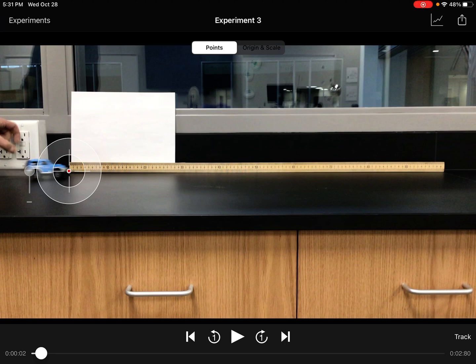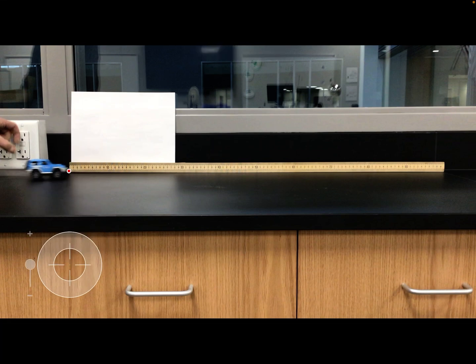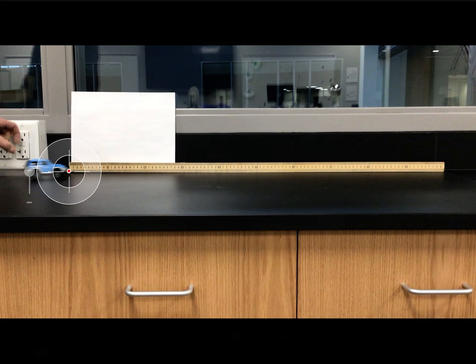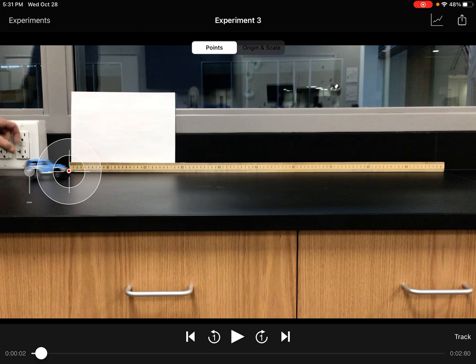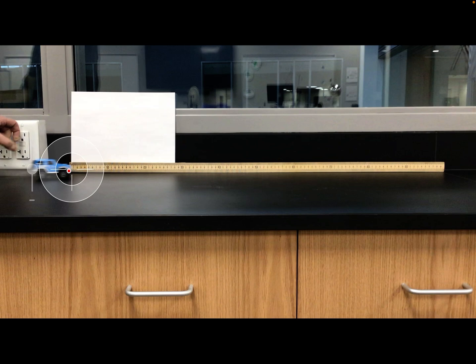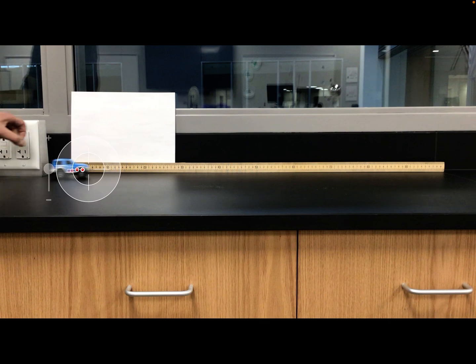Now I'm going to go back over to points, and I'm going to pick a point on the car, and I've chosen the beginning of the car, and I've tapped this circle to make a point. Okay, now I'm going to step the video forward, and I'm going to tap this again. And you'll see every time I make a point by tapping the crosshairs.